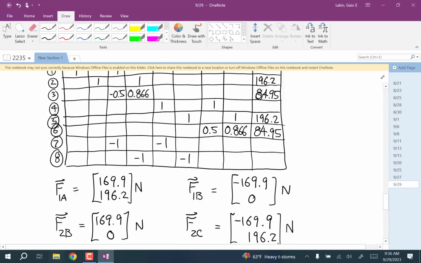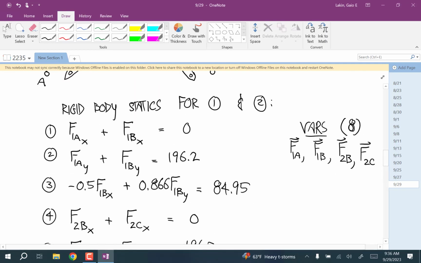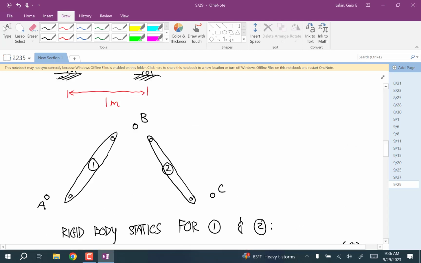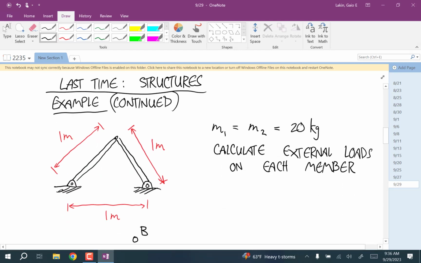So what does that mean in these individual cases? If we call the one on the left member 1 and the one on the right member 2, the pin at the ground on the left touches member 1. It also touches the ground, or the bracket in this case. We didn't even number the bracket, so by default we'll say that's part of member 1.